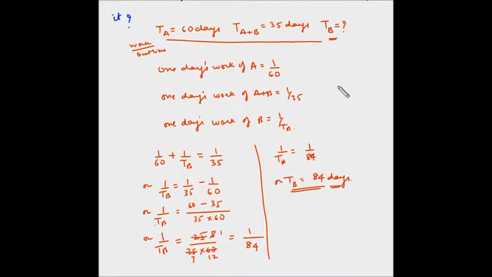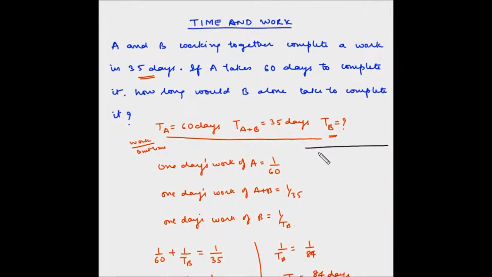Now let's look at a short way to find the same answer. So TA is 60, TA plus B is 35, and TB is unknown.